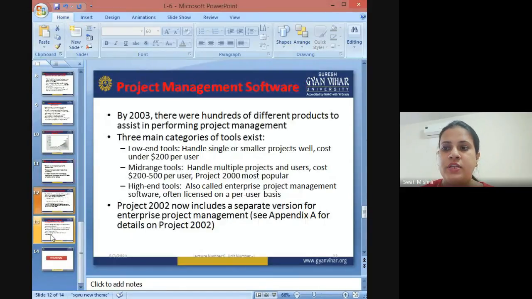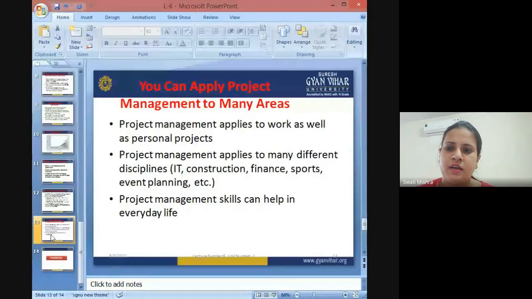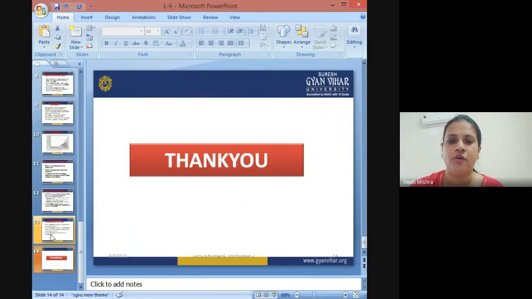After that, we discussed a bit about the software that is available for project management, and how you can apply project management to different professional areas, and how it is useful in your day to day life. So, with this, we have come to the conclusion of today's session.